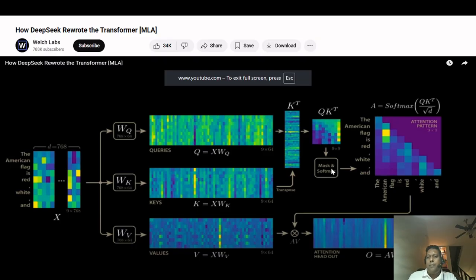And once you get this value, you can multiply it with the value matrix to get the context vector and the output matrix, right? And this is a very good illustration of how the ones which are closely related have higher values or are color coded accordingly, right?